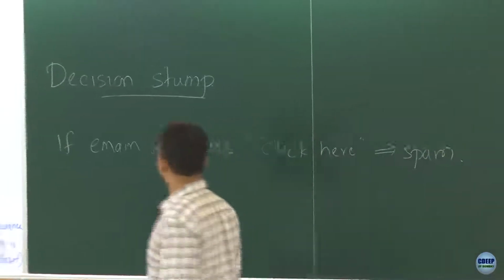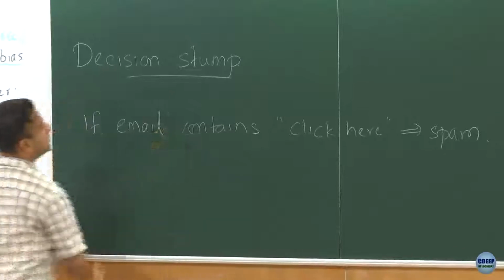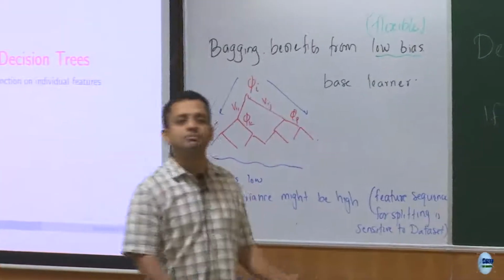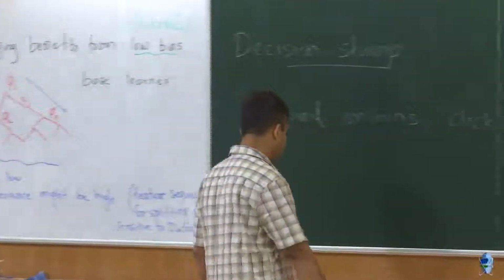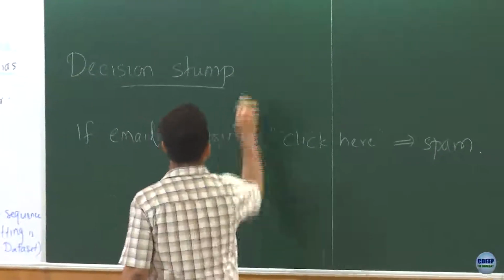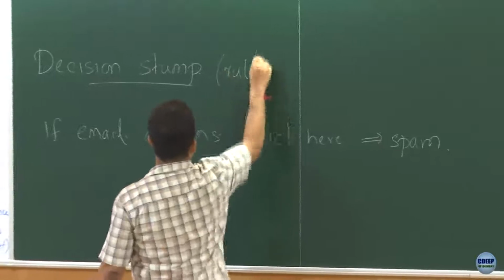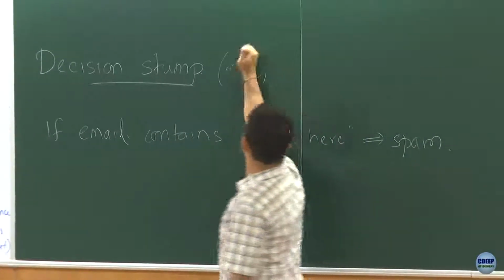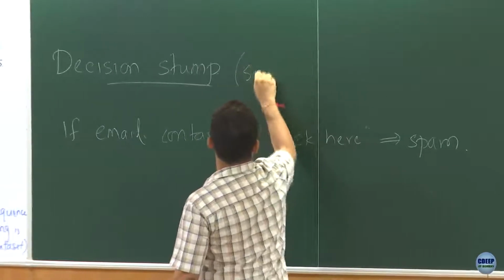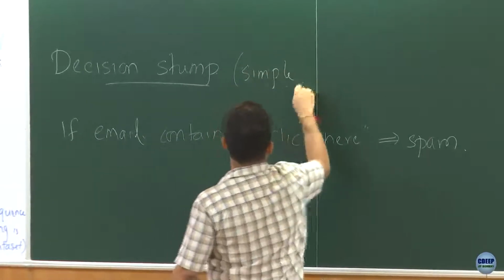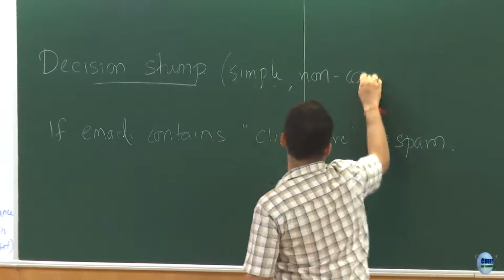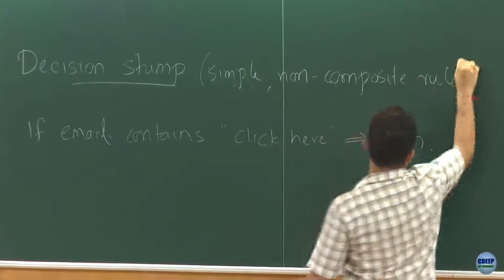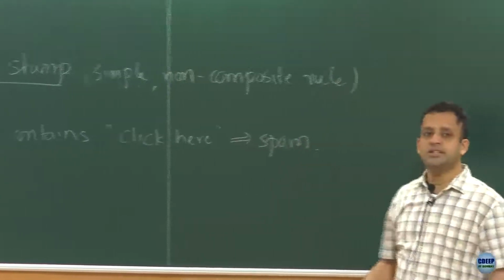So this is a simple decision stump, just one. Think of a decision stump as a simple single rule, not a composite rule. Right, this is a decision stump.